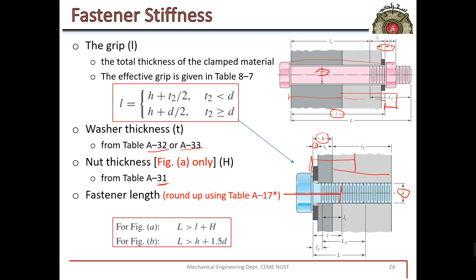Then H is the thickness of the nut, and plus we have two threads out of the nut. This has to be the total length of the bolt. And for figure B, this is equal to H plus 1.5 D, which is because H plus D by 2 is the equivalent lead, but we will have some extra length of bolt added to it for safety.